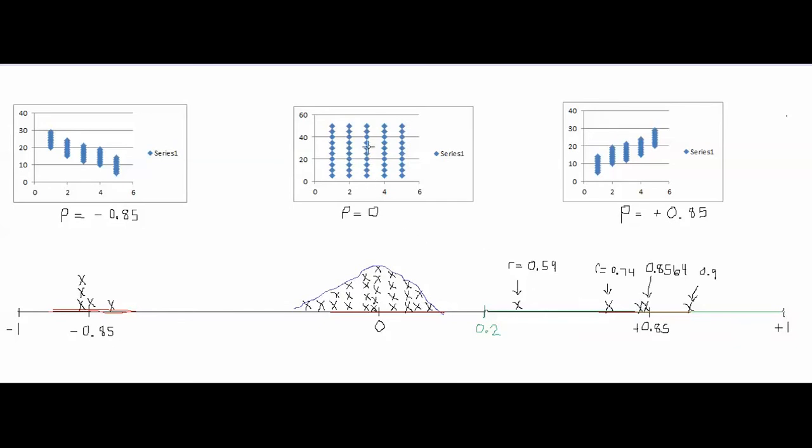So if you keep on randomly selecting more and more samples of 10 people from a population with no correlation, then roughly 28.97% of those samples will fall in this area right here. Roughly 28.97% of the samples will have a correlation coefficient between 0.2 and 1.